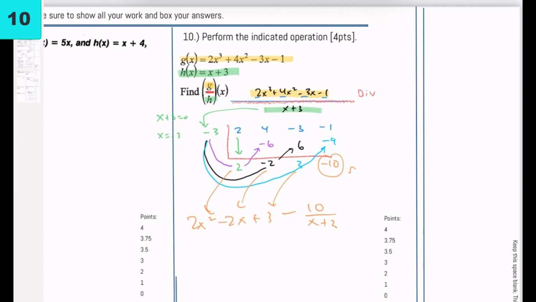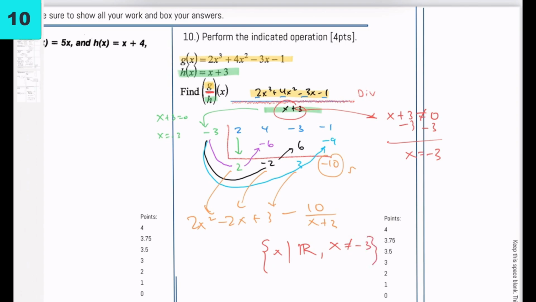Now, I do have to put some restrictions here. I'm going to set this not equal to 0. Because if we solve this, basically we're saying in the domain of x, you could pick every x value, all real numbers, except for you cannot pick negative 3.